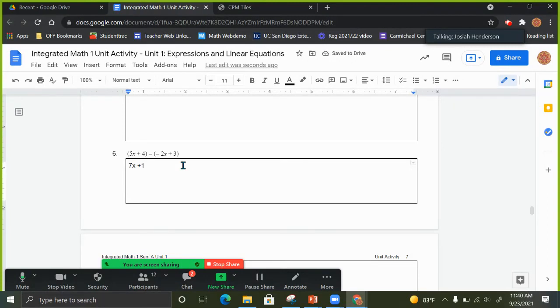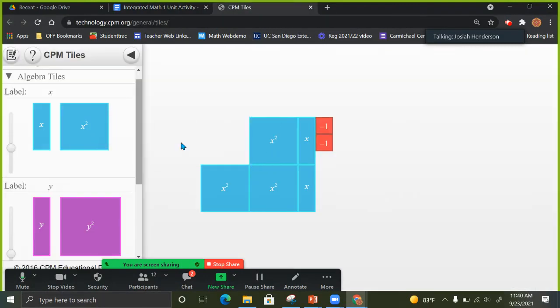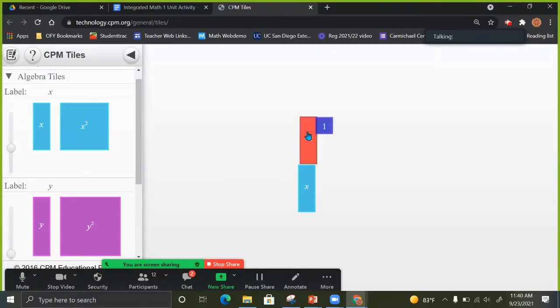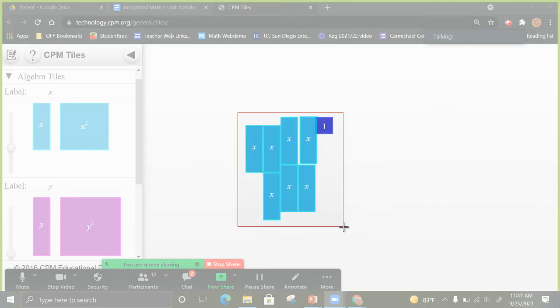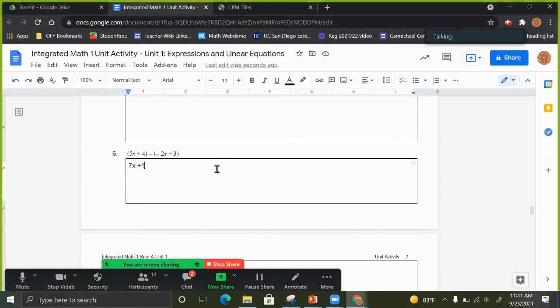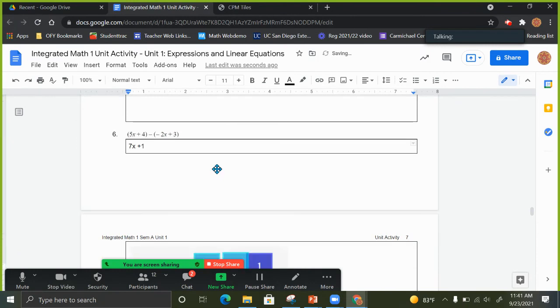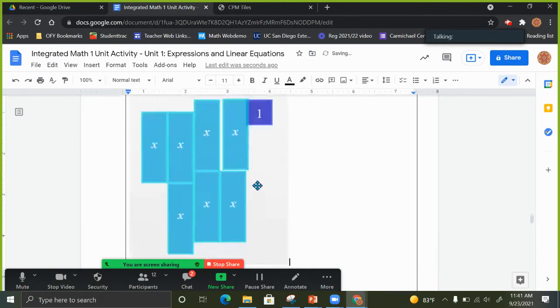And then if we do algebra tiles, we come over here, make that up with our algebra tiles, and then take a picture of it or draw it in your worksheet. All right, that's 7x and 1. Yay!